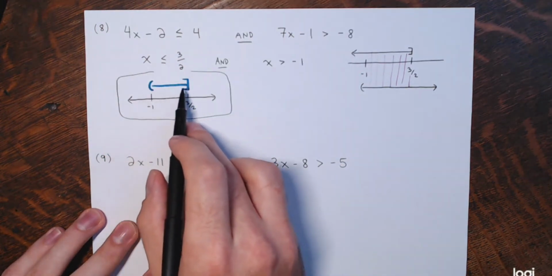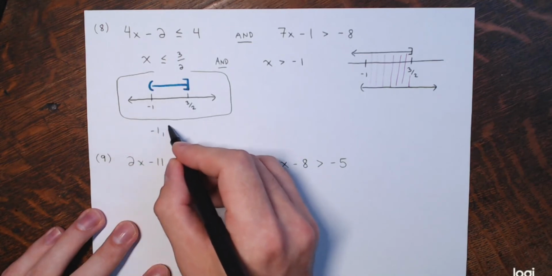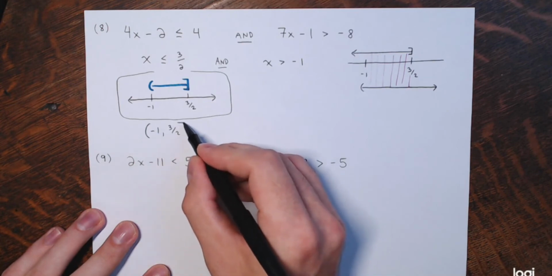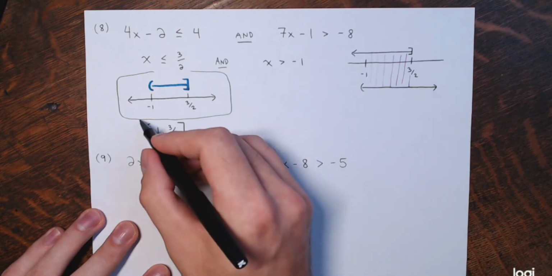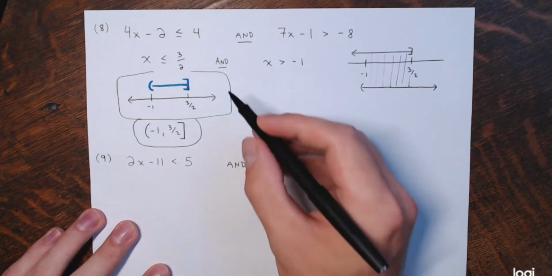Interval notation for this picture. It's going from left to right here, from -1 to 3 halves, not including -1, but including 3 halves, right? So parentheses on the -1, bracket on the 3 halves. There's your interval notation for this set of solutions.